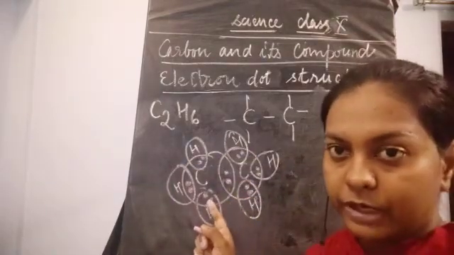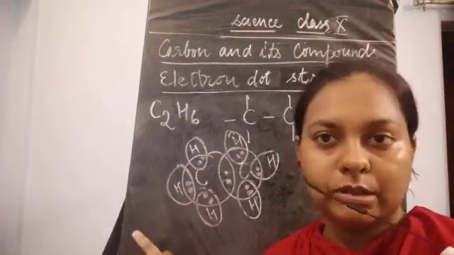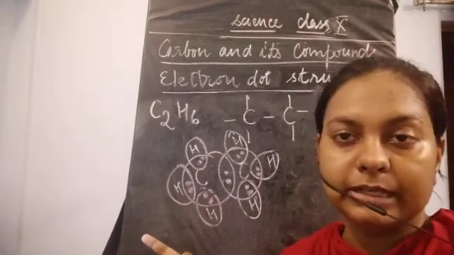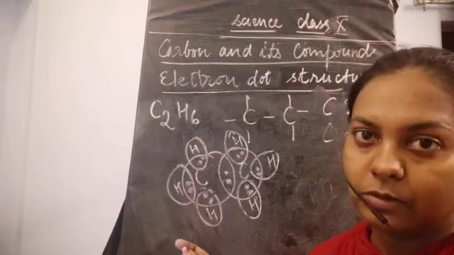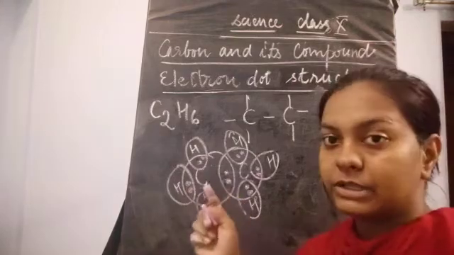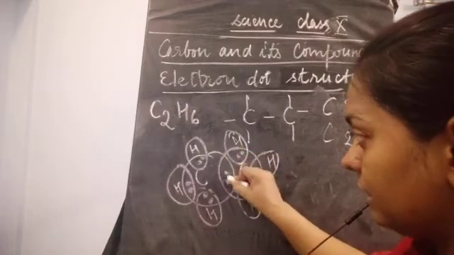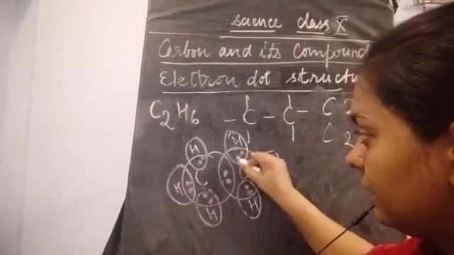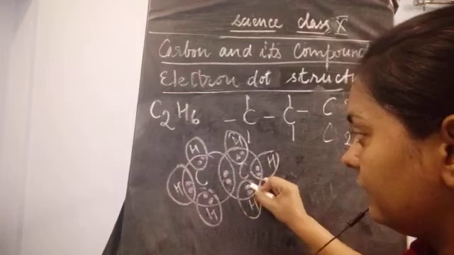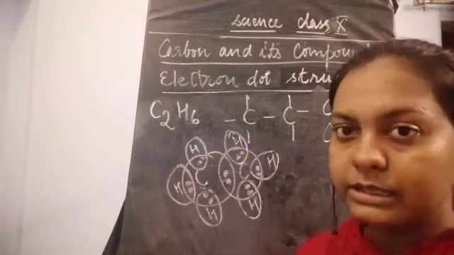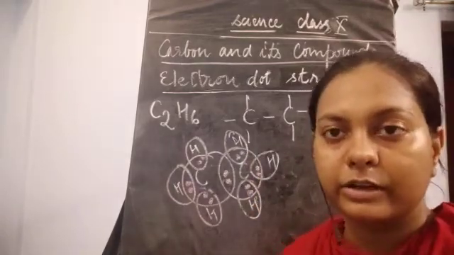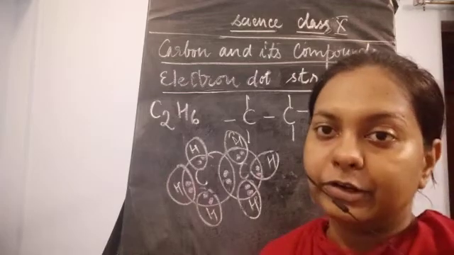Remember, the shared pair of electrons would be counted in both the carbon atoms, and that is why it could complete its octet, means 8 electrons in the outermost shell. So here this carbon also has 8 electrons: 1, 2, 3, 4, 5, 6, 7, 8. Okay, 3 pairs have been given, 3 electrons have been given from the hydrogen.